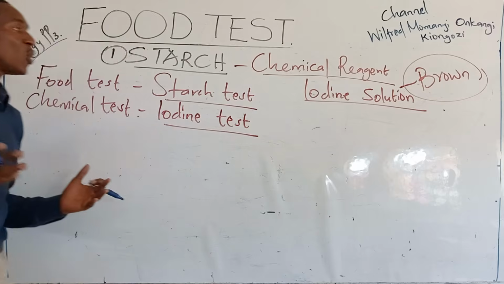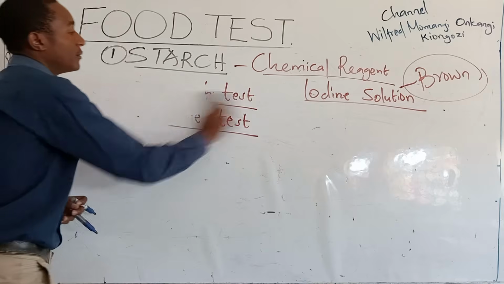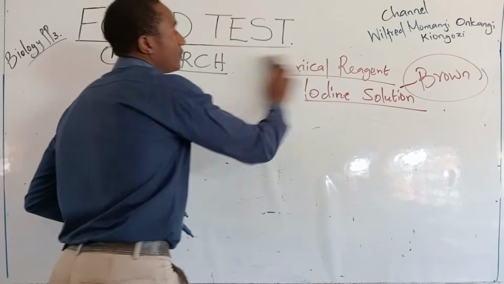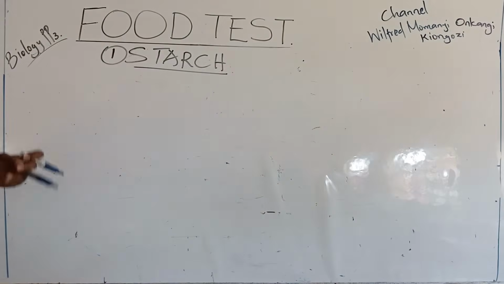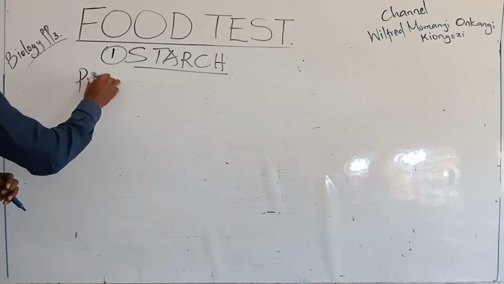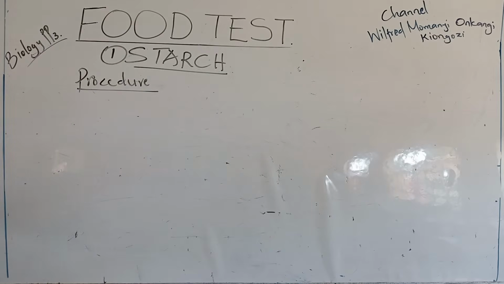Now we go straight to a typical procedure, or what you are supposed to do when you are testing for starch in a given food sample. So procedure. I want to assume I'm using 2 ml, 2 centimeters cubic of the food substance.